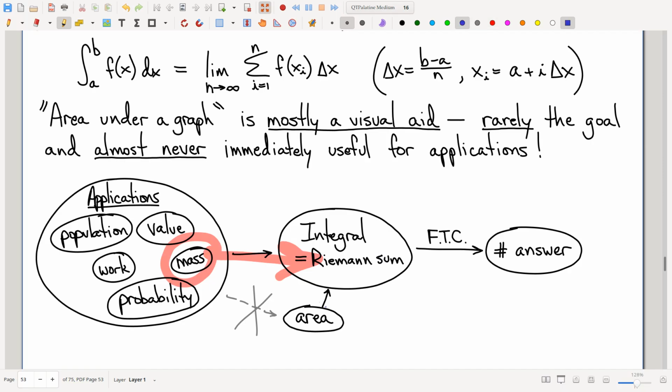The area that you're referring to can be written as the same Riemann sum. And so I can therefore say, well, in this case, I can think of mass as being area. To which my counter is, we already had it as a Riemann sum, we don't need area. Does that make sense? So it's not that it's wrong, it's that it's not a necessary element of the clear argument.